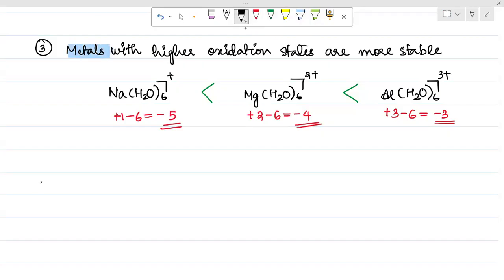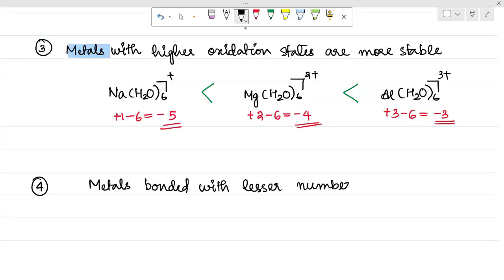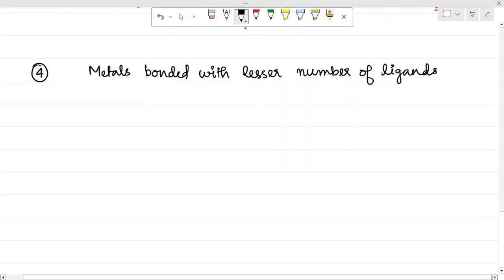One more with respect to the metal: metals bonded with a lesser number of ligands. Obviously, that is obvious.